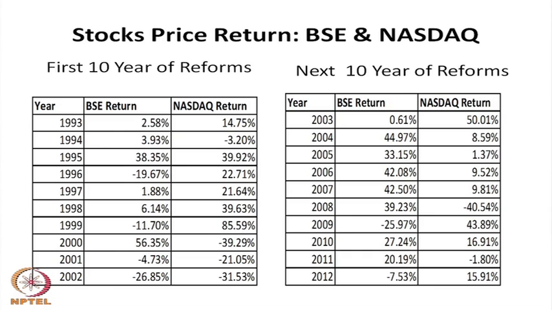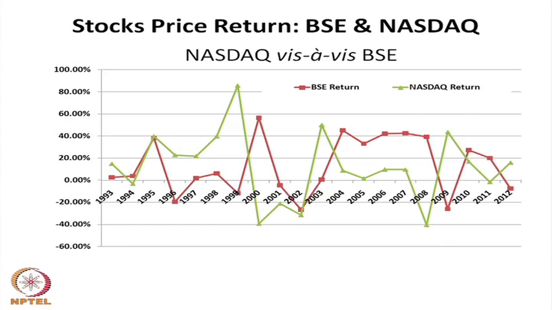The BSE return is fluctuating over the years, and the same for the Nasdaq return. These two indicate that whenever there is a movement of Nasdaq, there is also a movement of the Indian equity market, because FIIs are there in both markets, and both investors are the same.